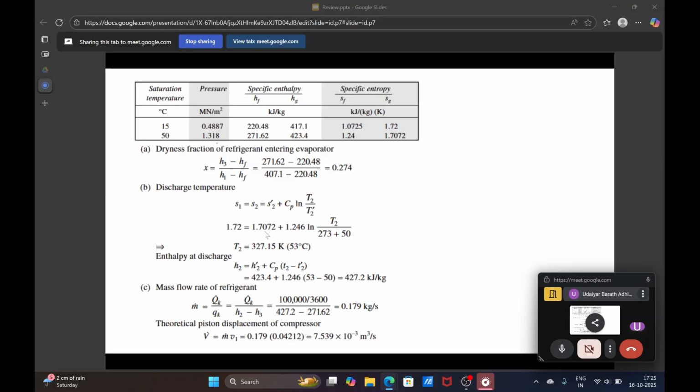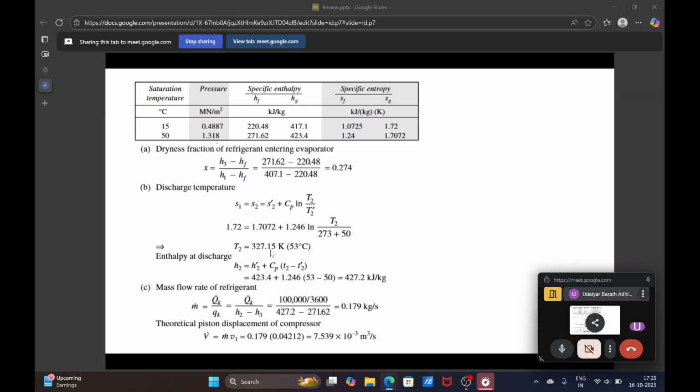So we get 1.7072 plus your Cp, given as 1.246, multiplied by ln T2 divided by T2 dash, which is your saturated vapor temperature corresponding to that point, which is 273 plus 50. Substituting this, we can estimate T2. So T2 comes out to be 327.15 Kelvin, which is 53 degrees Celsius.